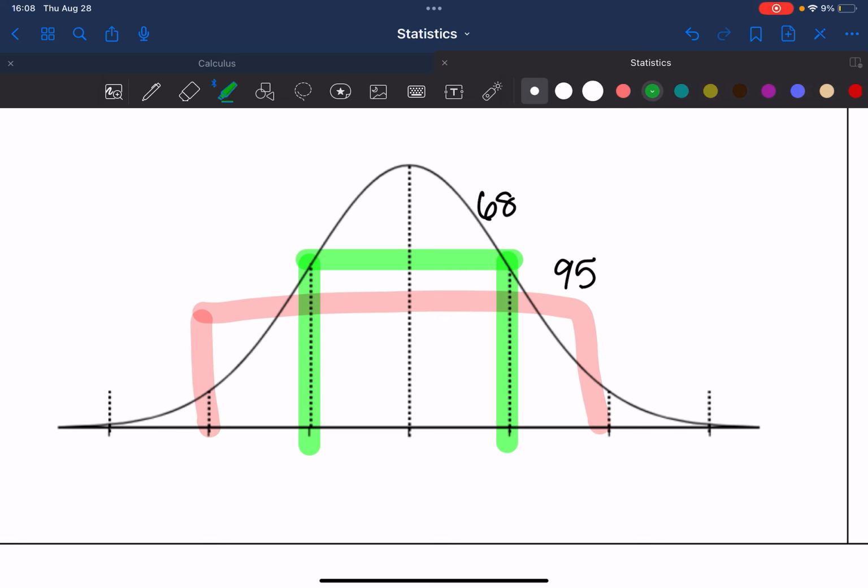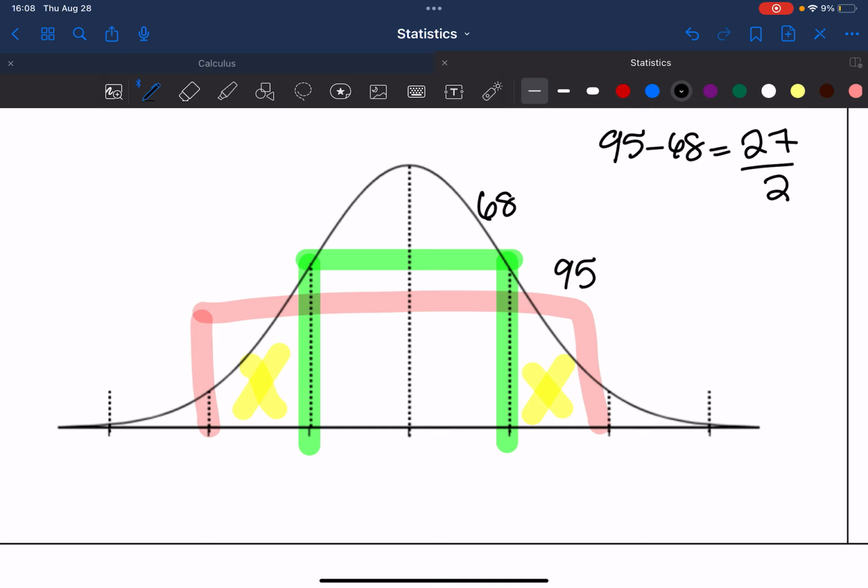So if I wanted to find these values in between the 95 and the 68%, I could simply subtract the values, so 95 minus 68, and that gives me 27.